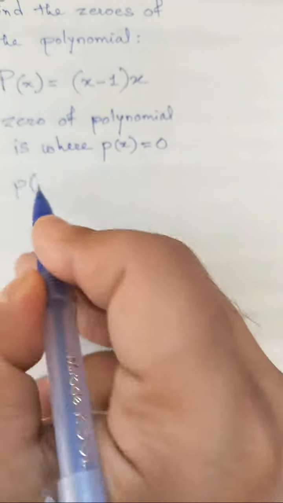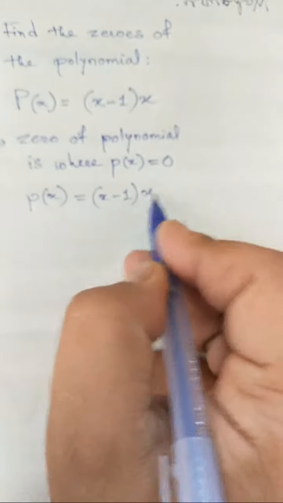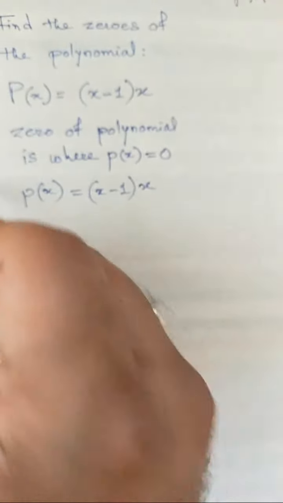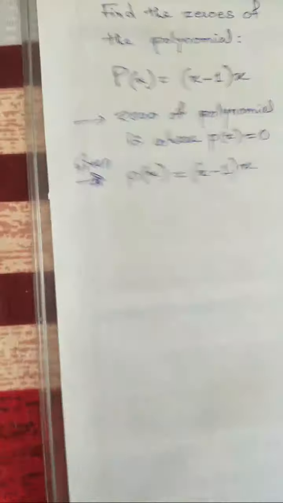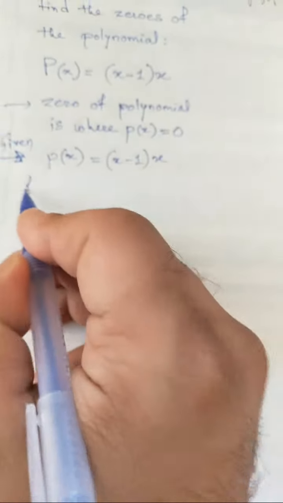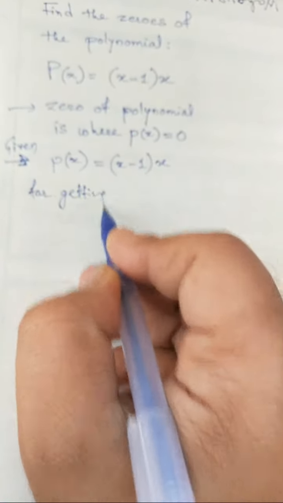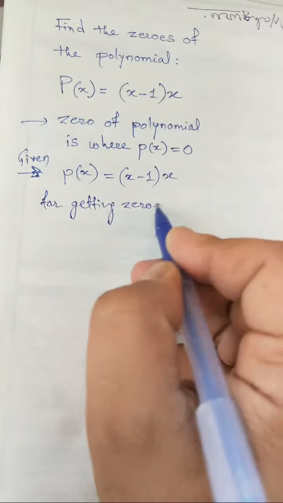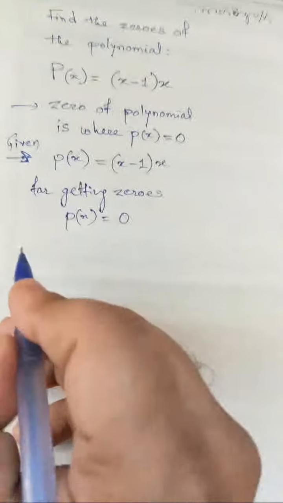So we have been given p(x) = (x - 1) x. This is given. We need to find the polynomial's zeros. So for getting zeros, p(x) should be equal to 0.